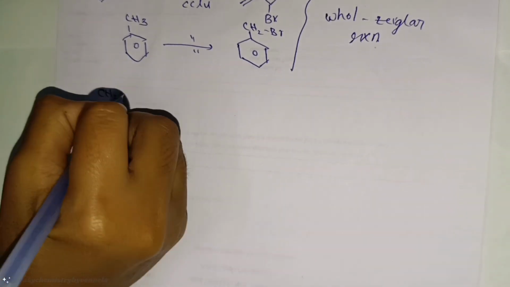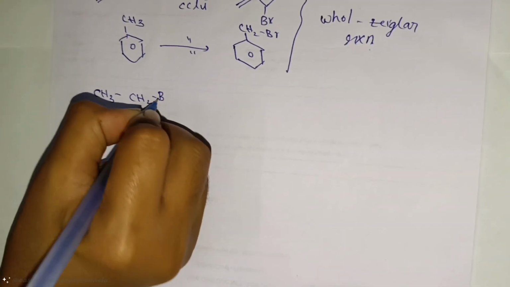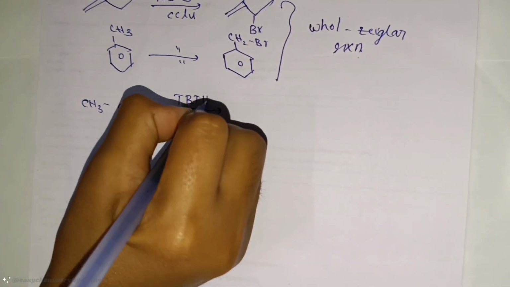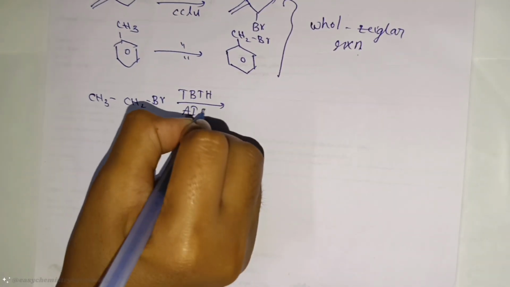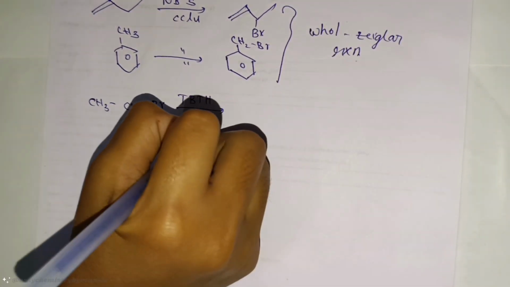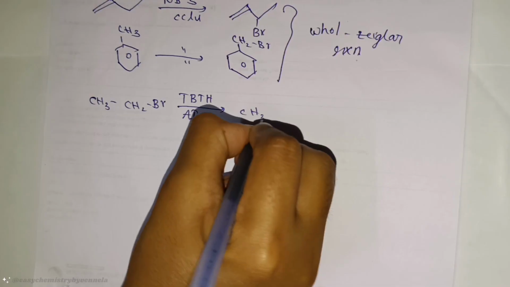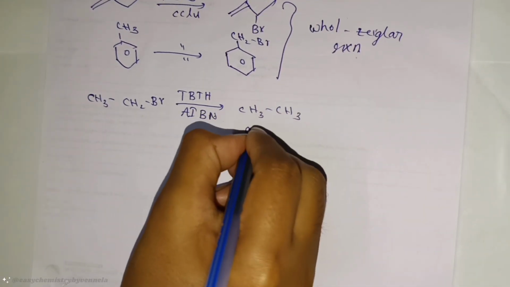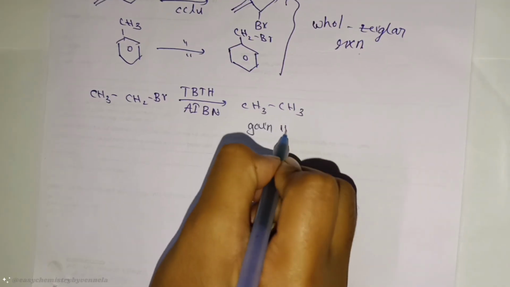Here CH3, CH2Br. In presence of TBTH and AIBN, it forms CH3, that is alkane. Here gain of hydrogen.